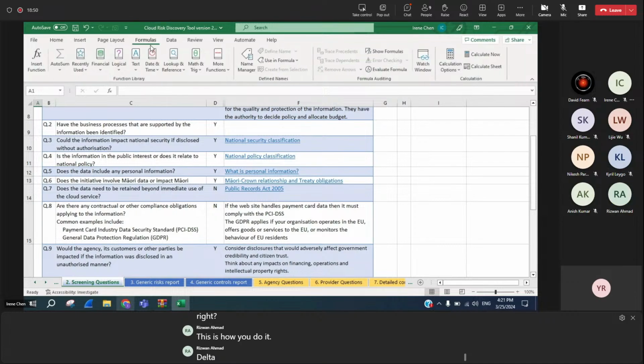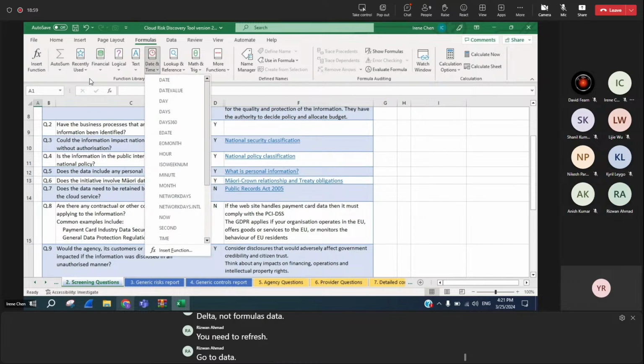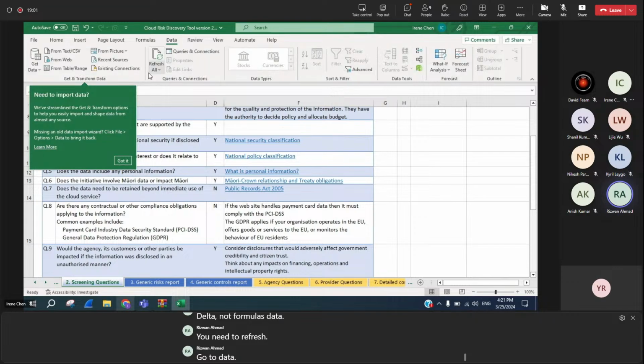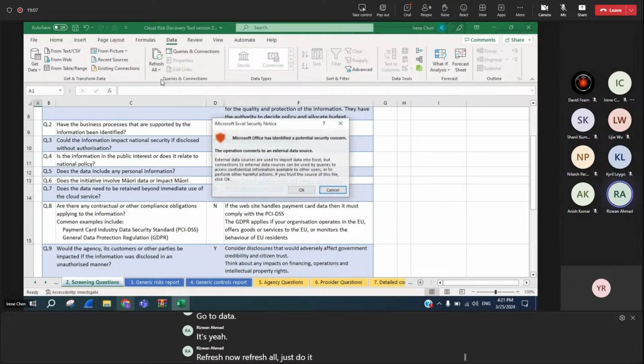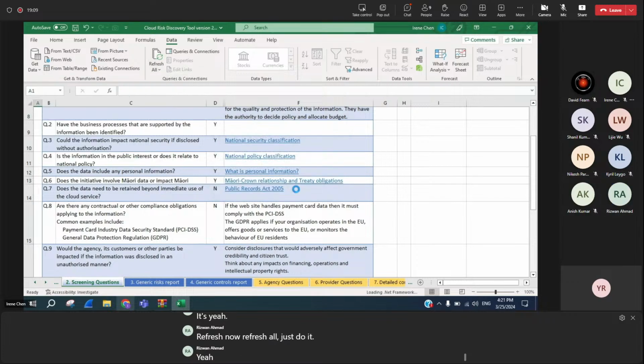Go to Data, not formulas, Data. You need to refresh. Refresh now, Refresh all. Just do it. Now see if you get something.